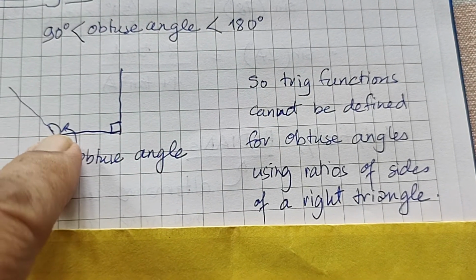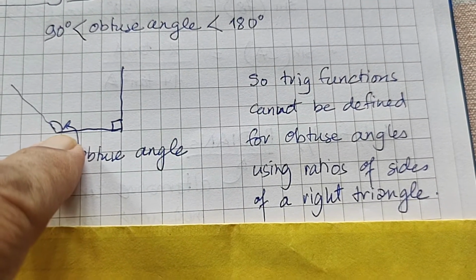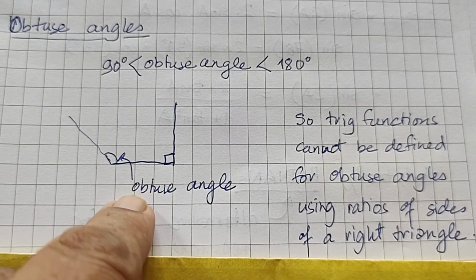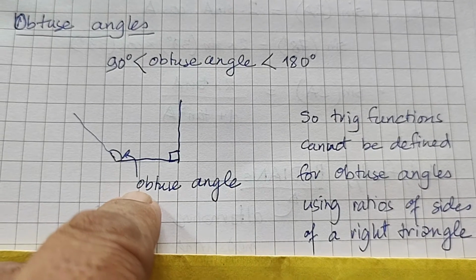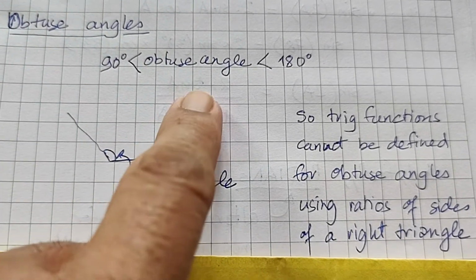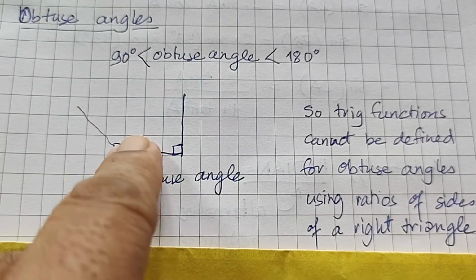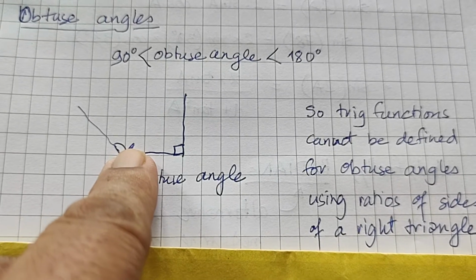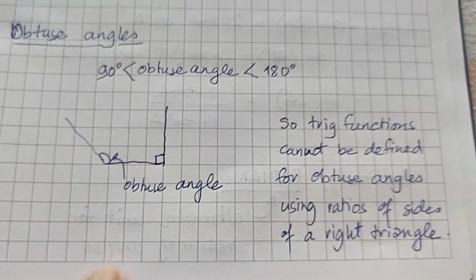But in this case, I'm trying to find out the trigonometry ratio which will give me the ratio for obtuse angles, and I cannot even complete a triangle. So since I cannot complete a triangle, I cannot use the ratio of sides to define the trigonometry ratios.